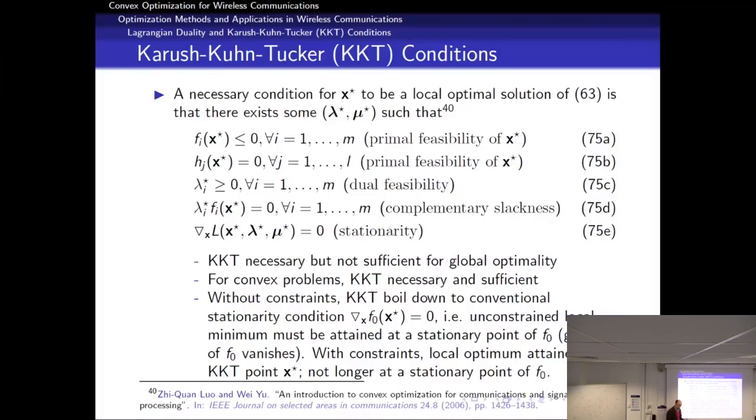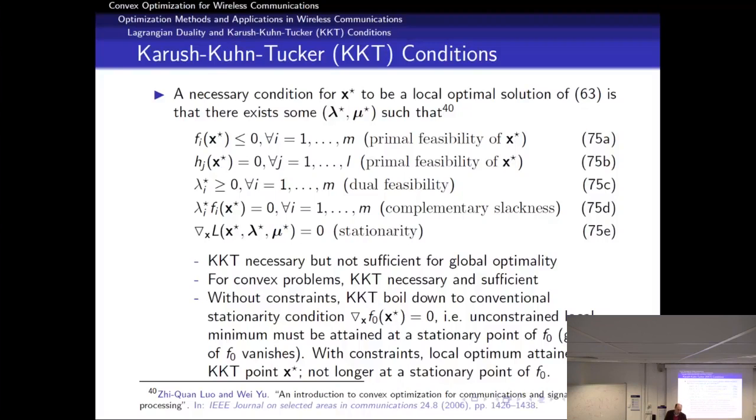Even if you have a non-convex problem, this KKT is necessary for optimality, but not necessarily sufficient for global optimality, right? But it's necessary. But when it's convex, those conditions are not only necessary, they're also sufficient.